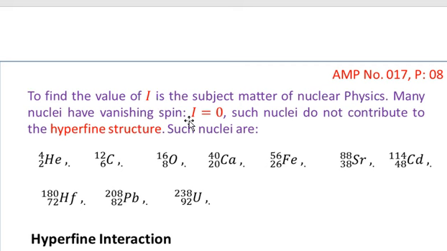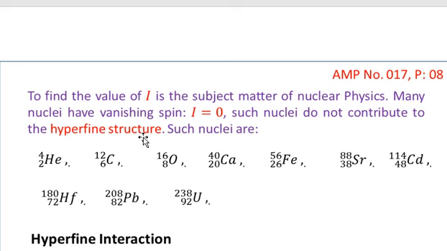Many nuclei have vanishing spin. That is, for many nuclei, the value of capital I is equal to 0. Such nuclei do not contribute to hyperfine structure. That is, we cannot observe the hyperfine structure for nuclei whose total spin angular momentum is 0.